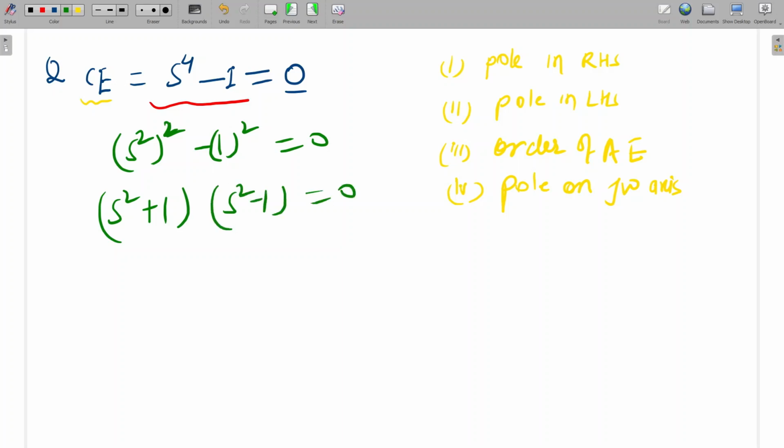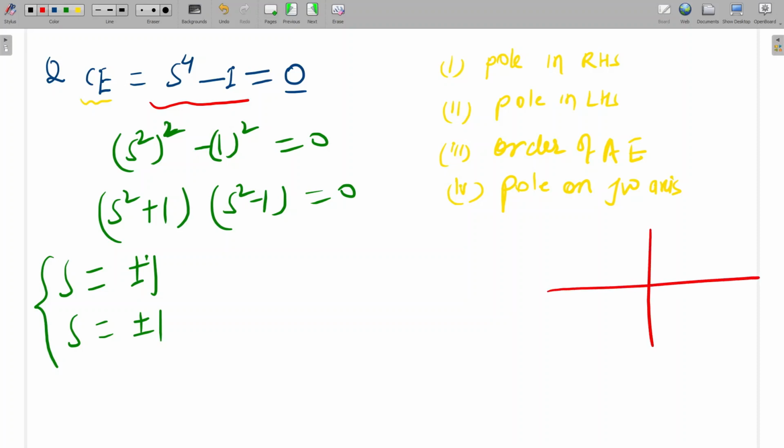So s will be equal to plus minus j and s will be equal to plus minus 1. Directly we can write the pole locations from here only, but we will see with the RH criteria also. So plus 1, minus 1 and plus j, minus j will be the pole locations.